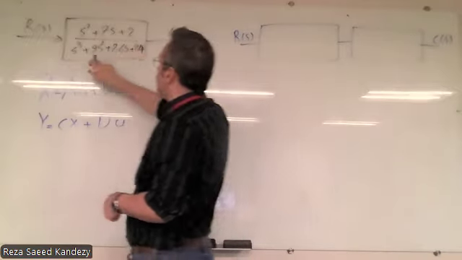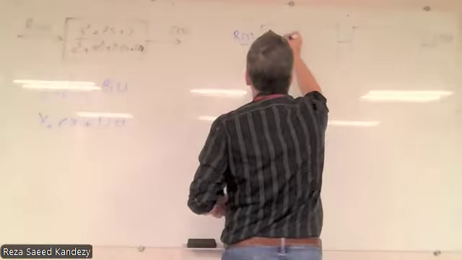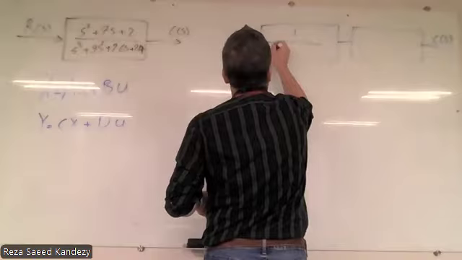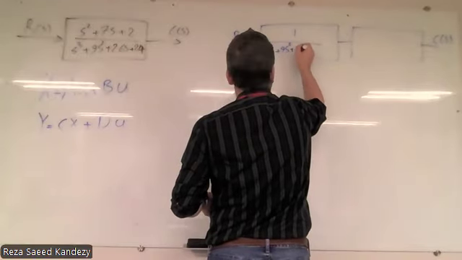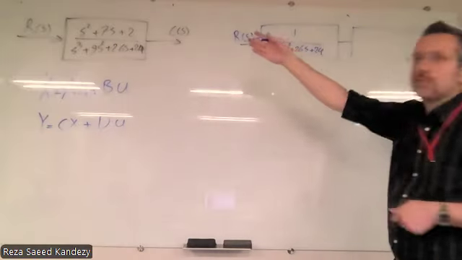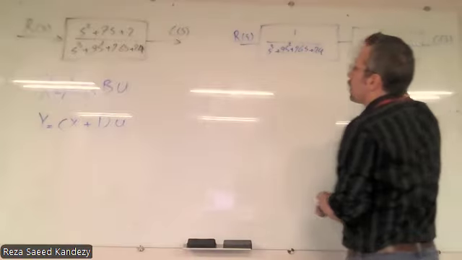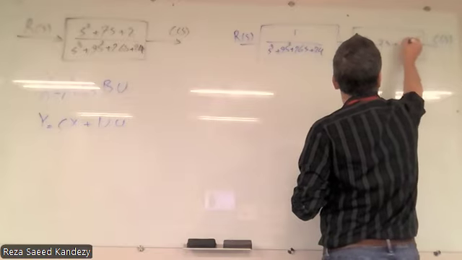The first one, I am going to use the denominator, so it's 1 over s cubed plus 9s squared plus 26s plus 24. And the second one would be the numerator, so it's going to be s squared plus 7s plus 2.